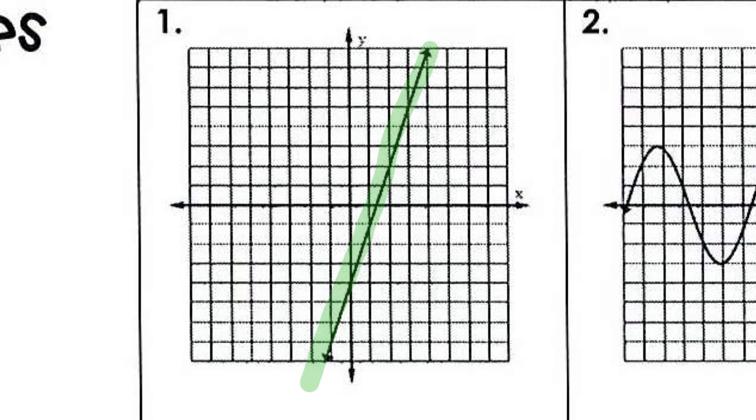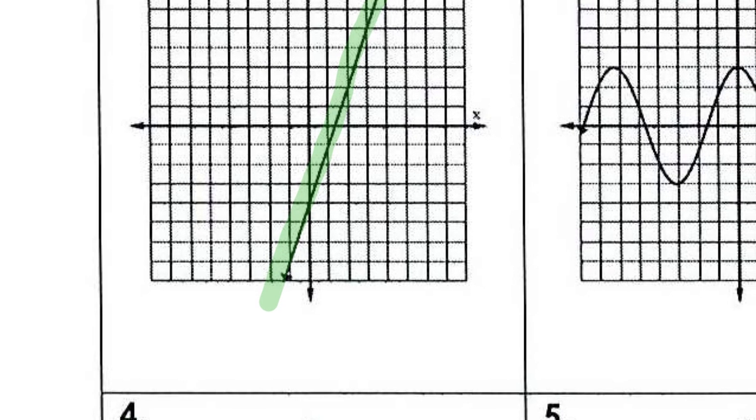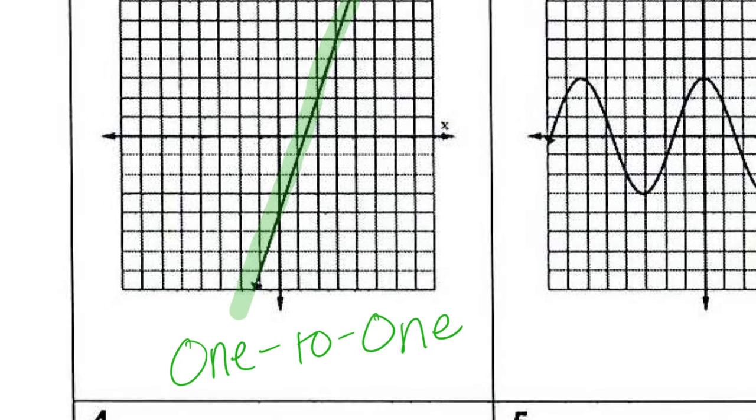The question is, is the inverse also a function? So instead of working vertically, we look horizontally. It's only ever intersecting once. So we say, hey, not only does it pass the vertical line test, it also passes the horizontal line test, meaning that this is one-to-one, or meaning that both the function and its inverse are indeed functions.